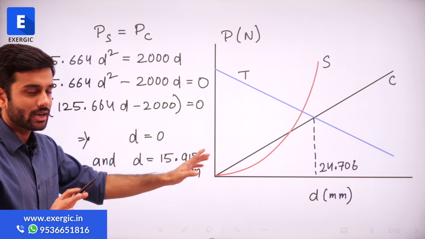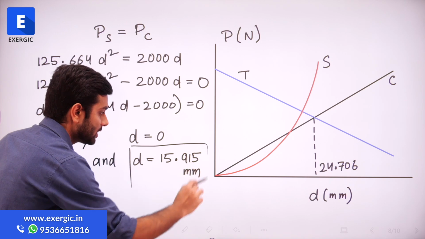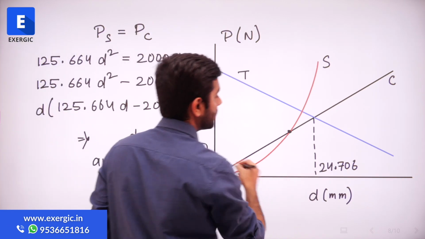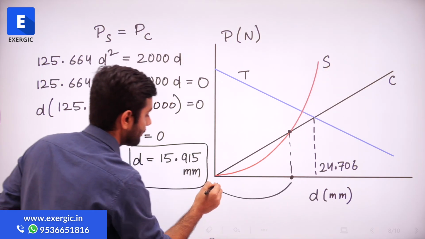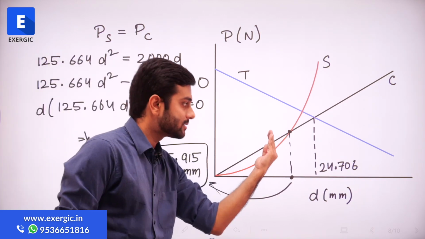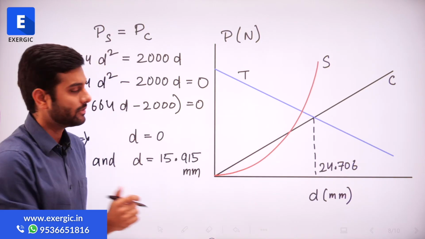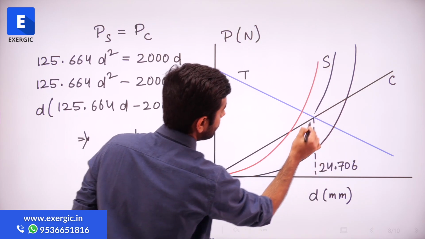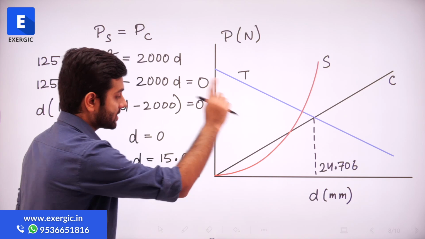Obviously the first is not of our concern, we know they are intersecting there. This value is interesting to us because it confirms that the other point where the shear and compression lines intersect is 15.915 mm, which is before this. So we can say that the graph we have made is correct. Otherwise we would have drawn it like this. If it was coming out the same, then we would have drawn it like this. It matters in the question. You will see how.